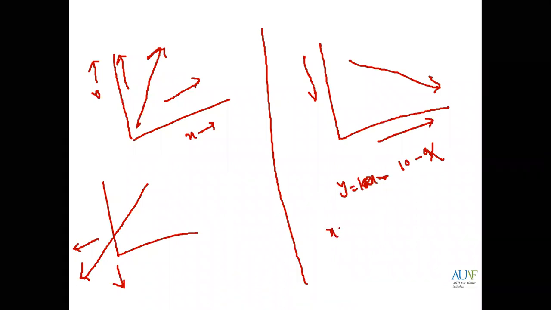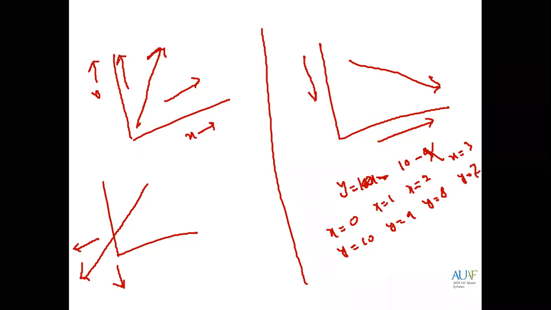When x is equal to 0, y is 10 minus 0, equal to 10. Next, x is 1, so 10 minus 1 is 9. Next, x is 2, so 10 minus 2, y is 8. Next, x is 3, so y is 10 minus 3, equal to 7.